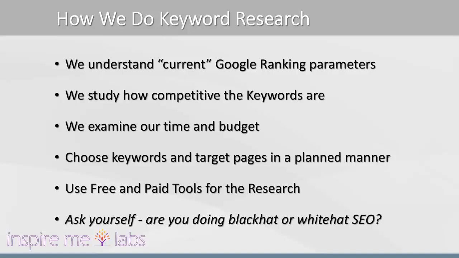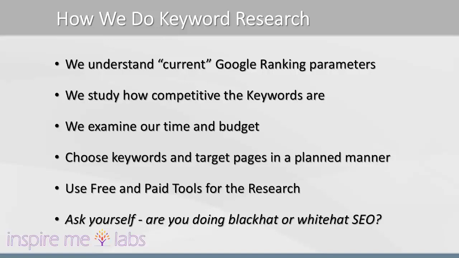And if you're not up to date, then you can't do keyword research, because you're going to be optimizing for the wrong things, or you're going to be over optimizing, or you're going to be doing stuff that's outdated, and that'll get you caught in the algorithm filters, and you could get a manual or an algorithmic penalty, and you don't want that happening. So just make sure you're always updating yourself.